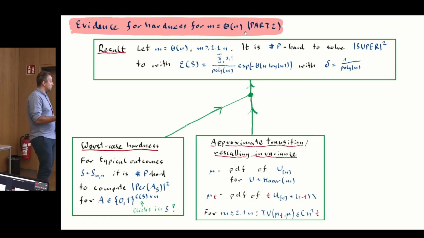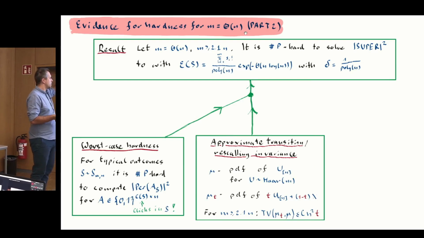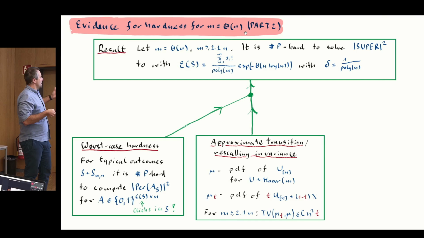So that's the first ingredient. The second ingredient that I'm just going to touch on here is that we need to do a worst-to-average-case reduction.